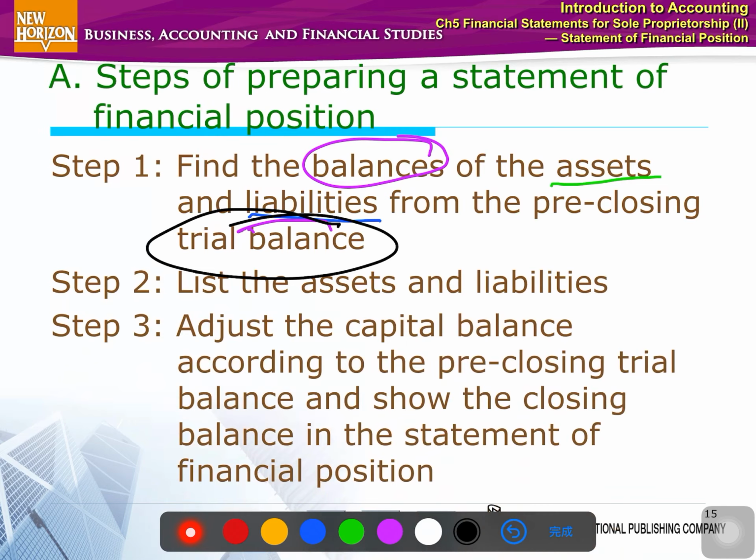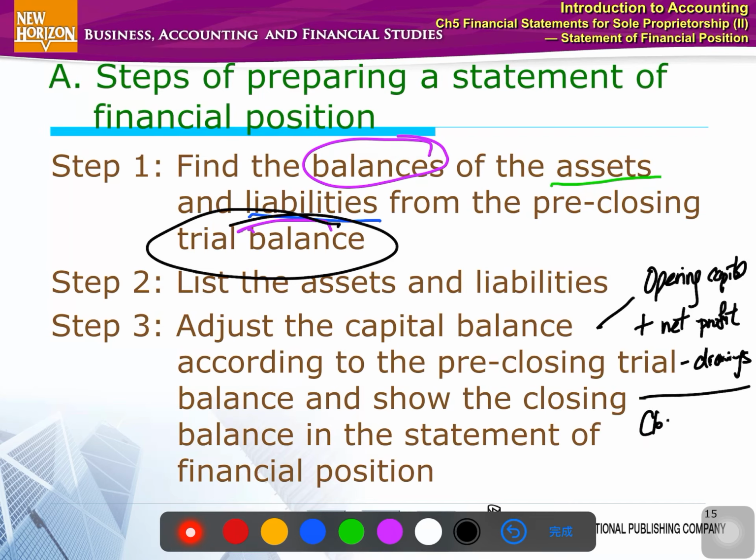And then adjust the capital balance: opening capital plus net profit, and then minus drawings. We can have closing capital.